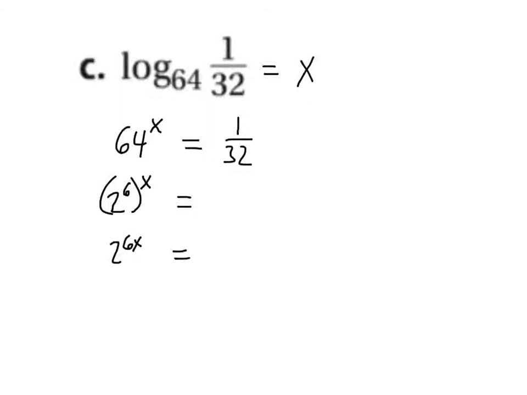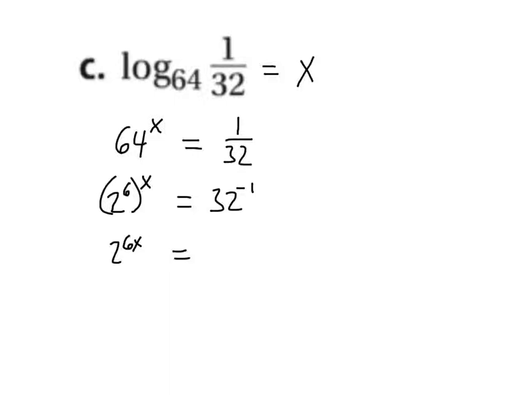Okay, well, now we have to deal with 1/32. We want 1/32 to have a base of 2. We want it to be 2 raised to some power. How am I going to do that? I can rewrite the fraction as 32 to the negative first power.